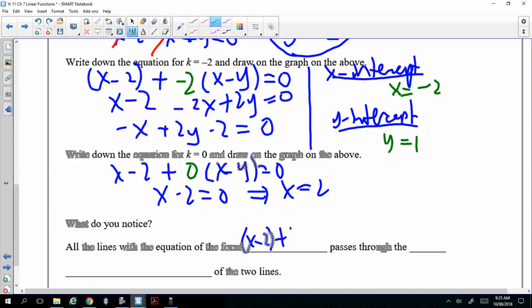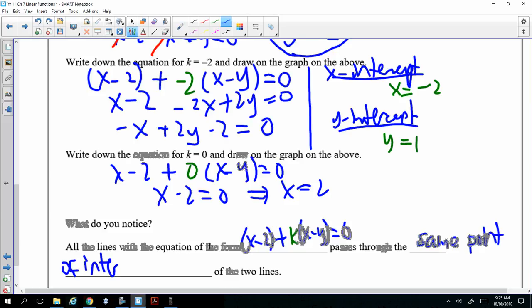This equation must pass through the same point of intersection of the two lines. Yep.